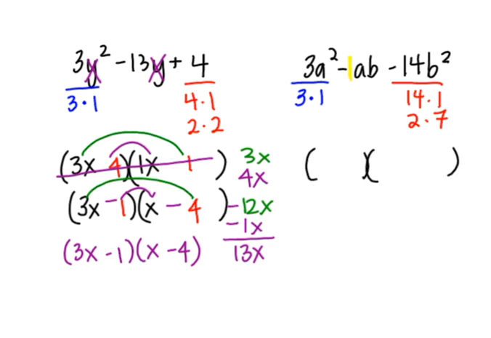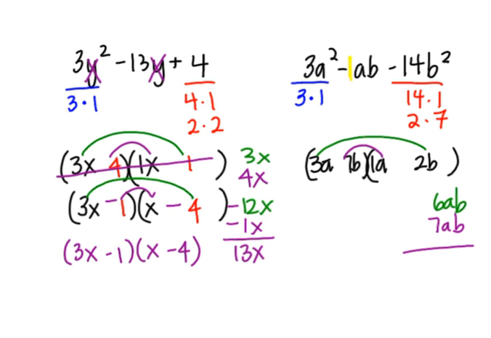Now remember we have a squareds and b squareds, so we're going to try 3a times 1a. And for the b squared, let's try 7 and 2. So let's put in there a 7b and a 2b. My outside rainbow would give me 6ab. My inside rainbow would give me 7ab.